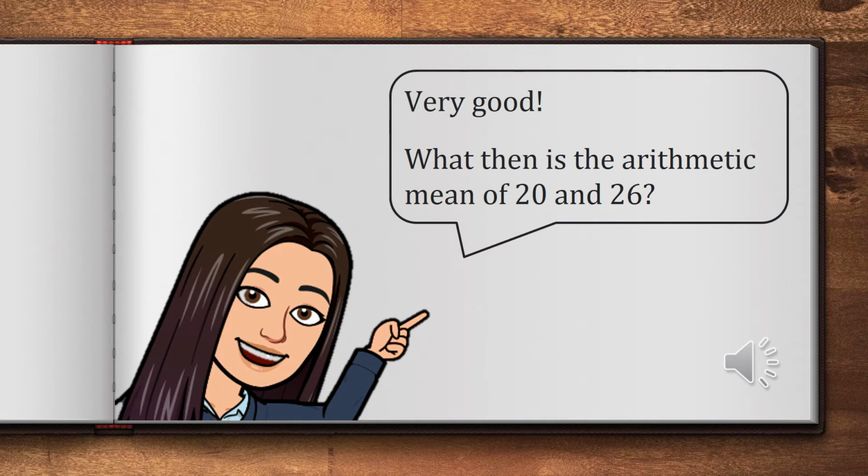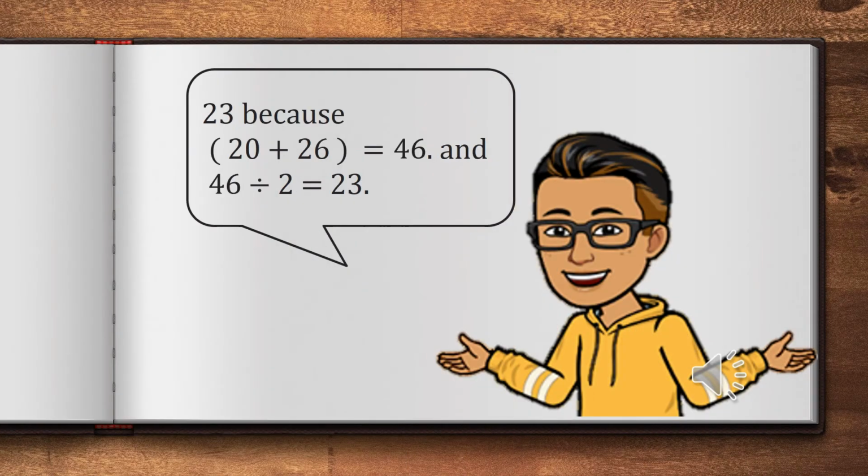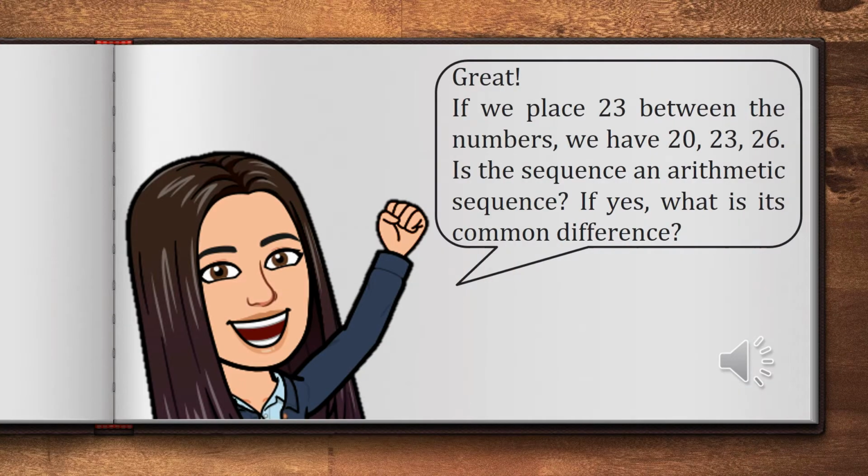What then is the arithmetic mean of 20 and 26? 23, because 20 plus 26 equals 46, and 46 divided by 2 equals 23. Great! If we place 23 between the numbers, we have 20, 23, 26.